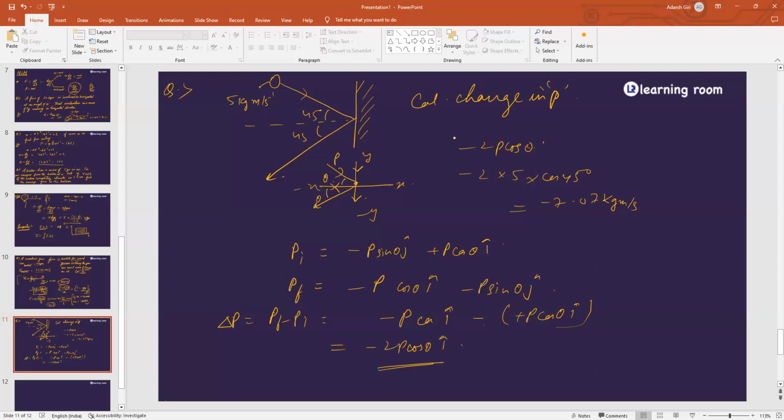So you just put the values: minus 2 into P, which is already given as 5, and cos of 45 degrees. So you'll get minus 7.07 kg meter per second. Everybody understood? Yes or no? Yes, sir. All right. Have you written this? Shall we move on? Yes, sir.